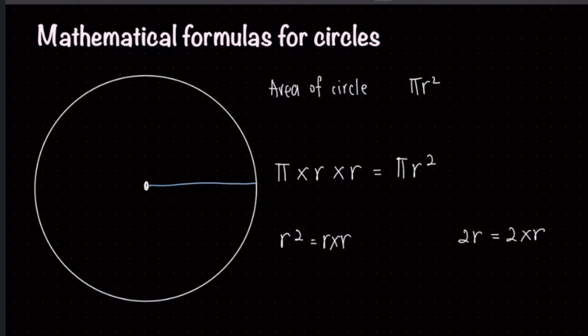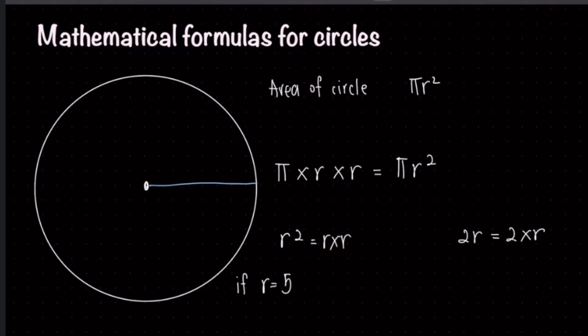Now let's try it out. If r equals 5, let's get a number 5. And we can pause the video and work this and this out. Are you ready?